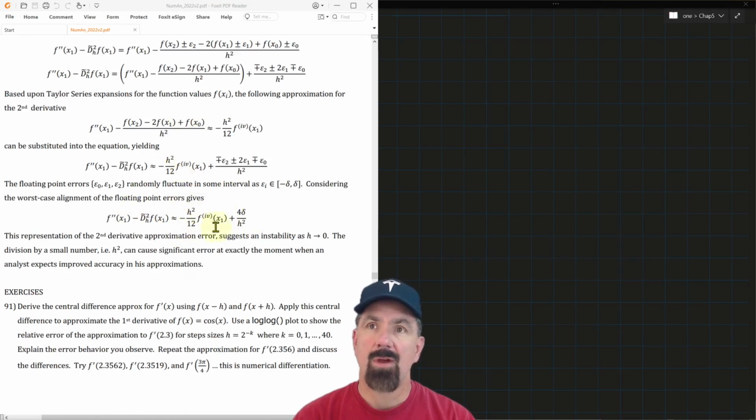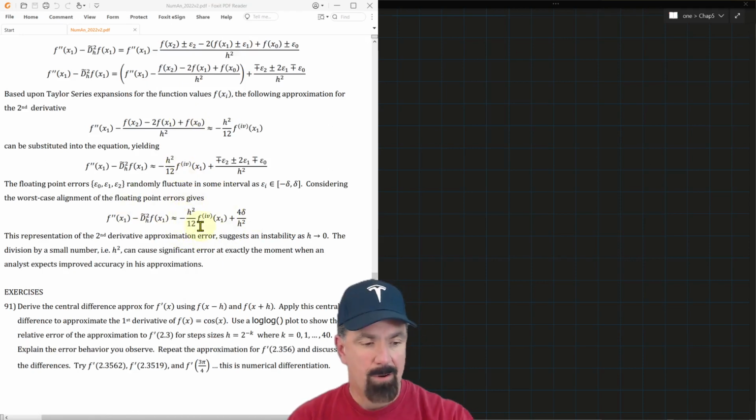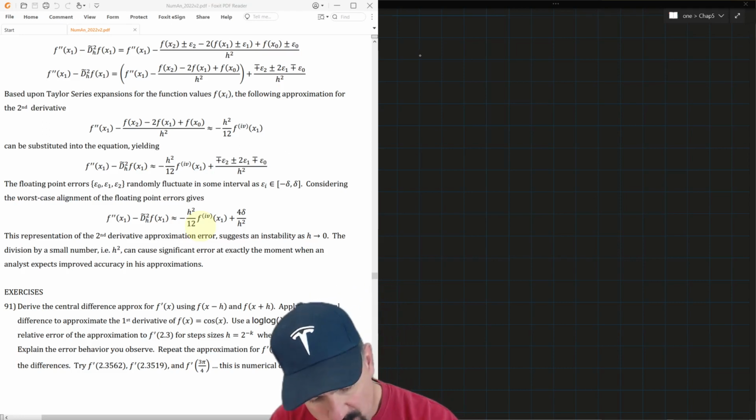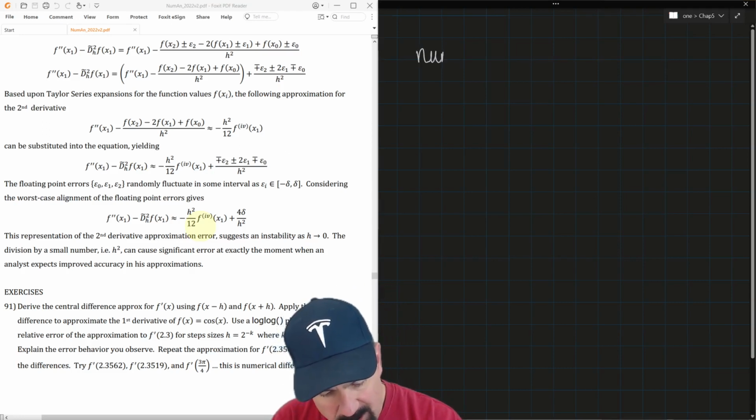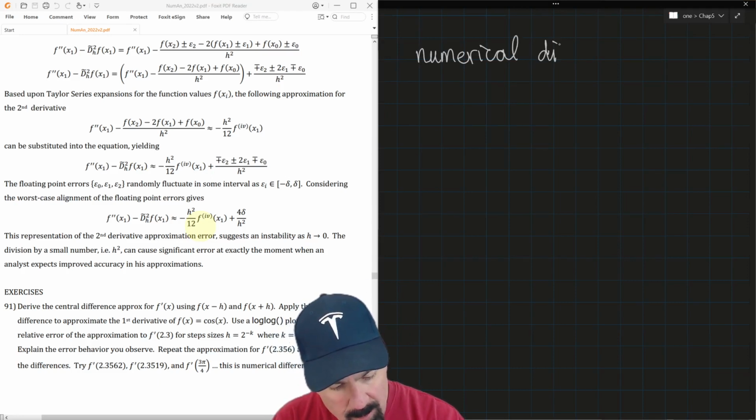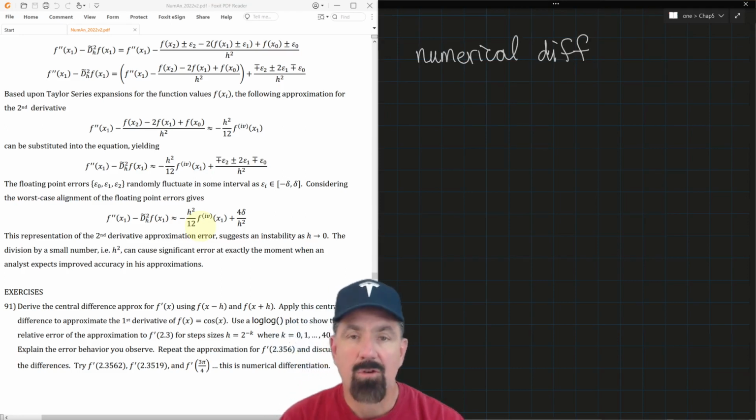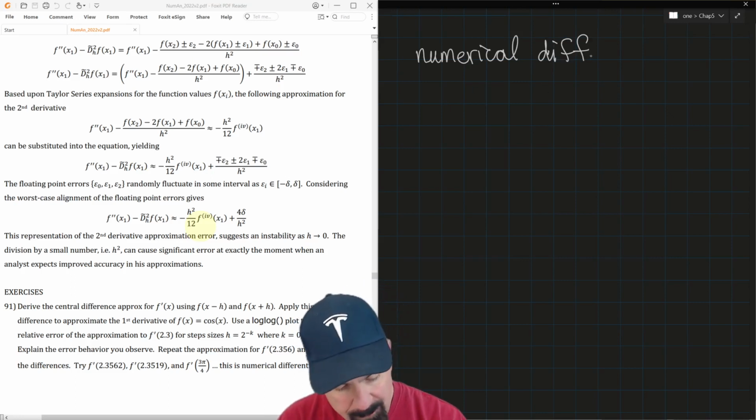So it goes through, and what we see is we have two forms of error associated with this. We have the numerical differentiation error. So we've taken the derivatives and we have this differentiation error.